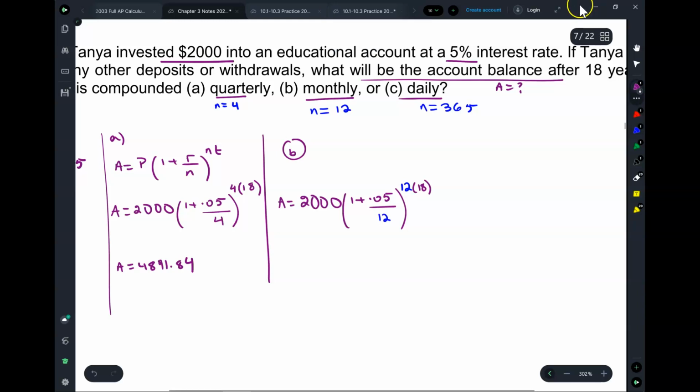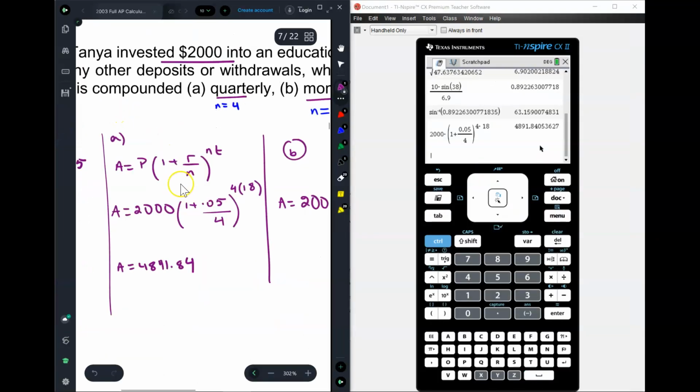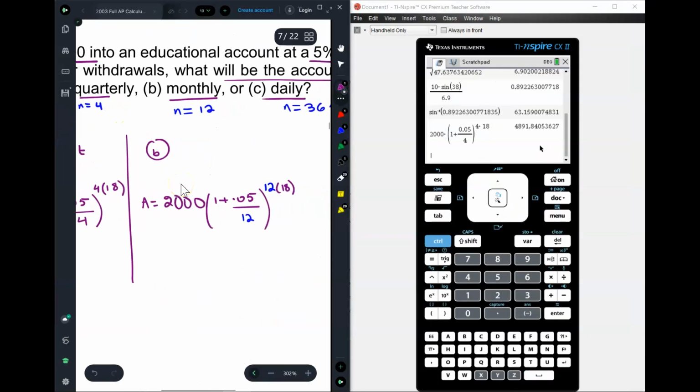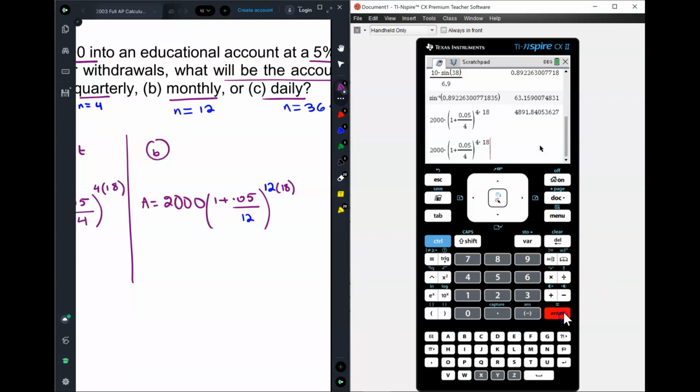When you go in your calculator to plug that in, press the up button once, twice to highlight this, and then press enter, and that gives you the same thing in editable form. Then keep pressing the right or left arrow button to go in there and delete the 4, put in the 12, but make sure you do it on the bottom too.